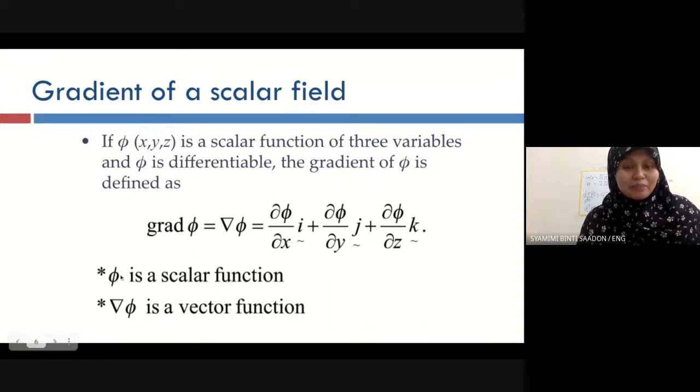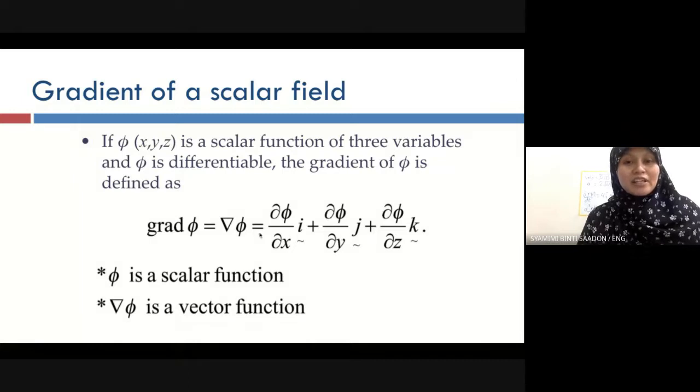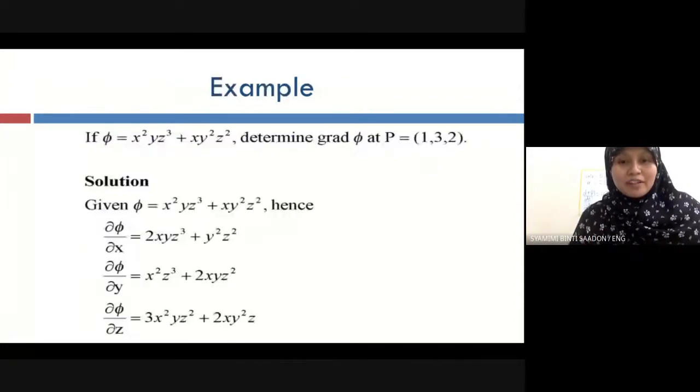Initially phi is a scalar function, but when we do the gradient of a scalar, the answer becomes a vector, with i, j, and k in 3 different directions. Initially it was a scalar, and after applying the gradient the answer is a vector, because it has a direction.